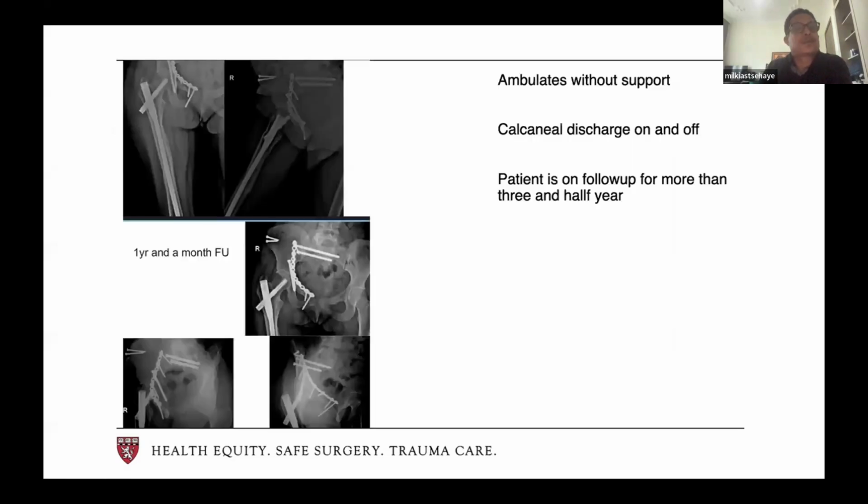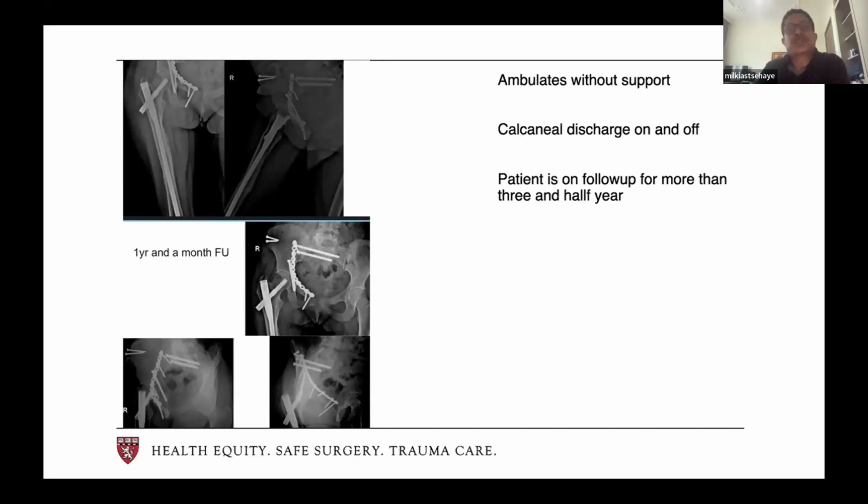And this is a 1 year and 1 month follow-up, showing that the femur shaft fracture and the pertrochanteric fracture have healed very well. Clinically, the patient was ambulating comfortably without support.